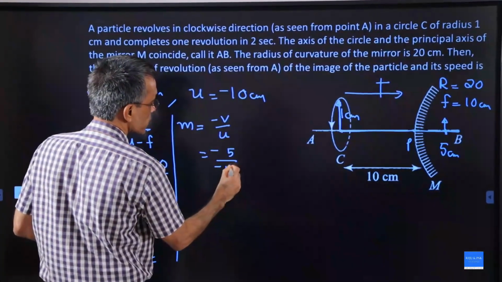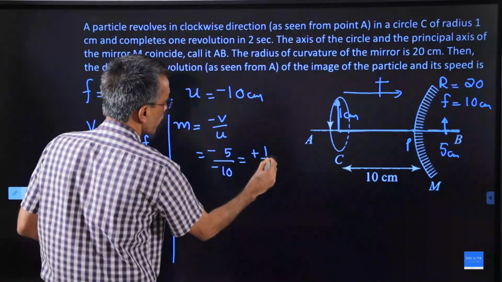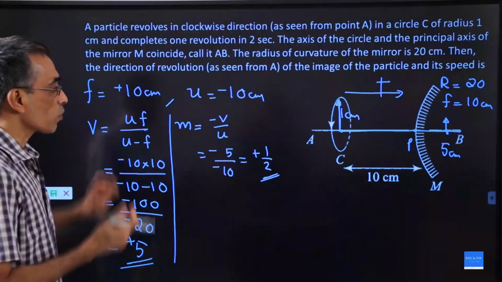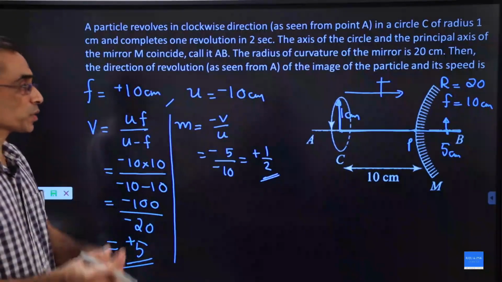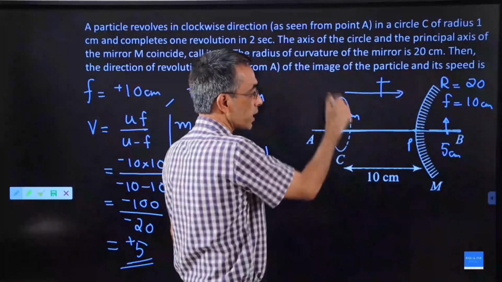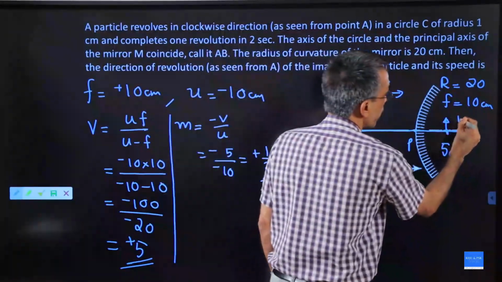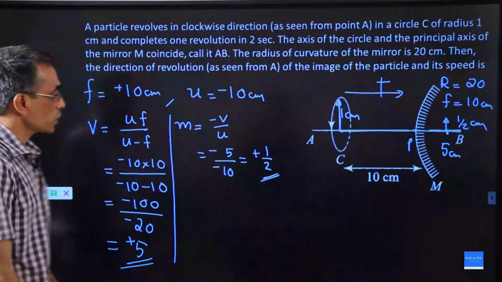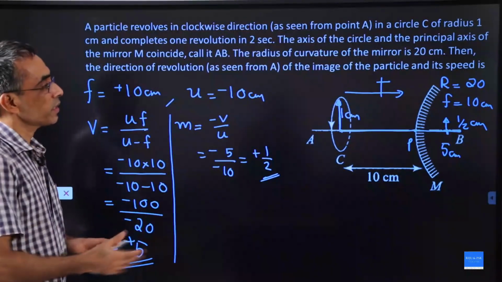U is minus 10. This gives you plus 1 by 2. Plus indicates it is an erect image, and 1 by 2 indicates it's half the size of the object. So if the object has got 1 centimeter height, the image will have only half a centimeter height, half the size. So we have magnification.